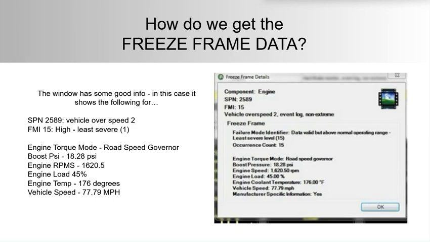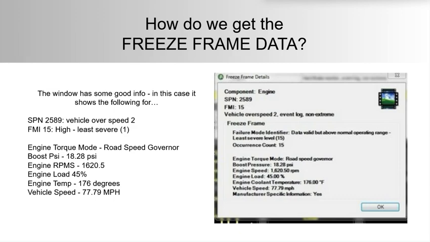In this case, it shows the following: SPN, suspect parameter number 2589, which means vehicle overspeed 2. FMI, failure mode indicator 15, which translates to high, least severe 1.